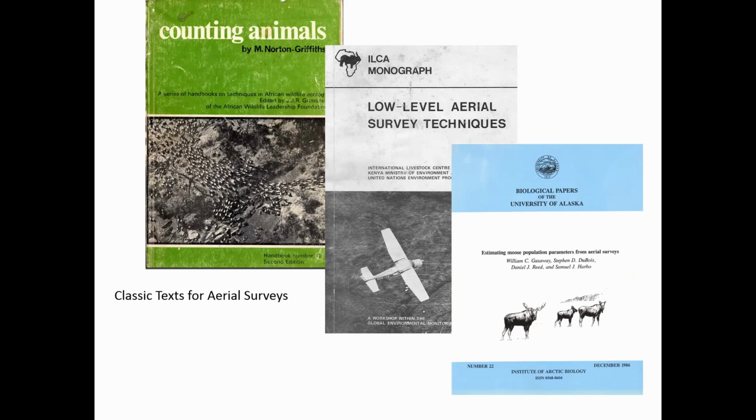There were very vigorous debates, culminating in a meeting in 1981 in Nairobi, on low-level aerial survey techniques, where they thrashed out all kinds of issues, one of which was Mr. Jolly's assertion that you should simply randomize the transects across your area, all flying in one direction. If you imagine a baseline running through, those transects could occur at any random point along that baseline.